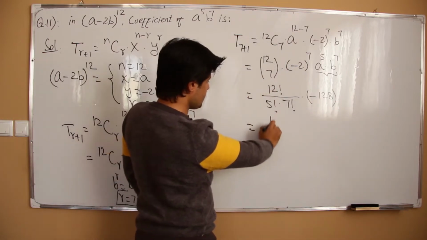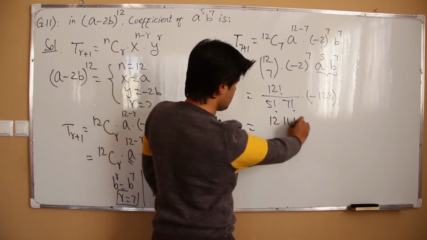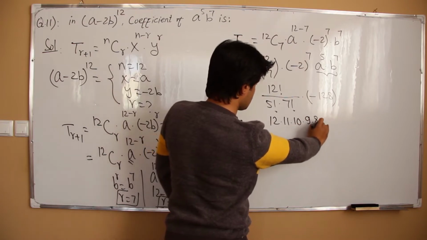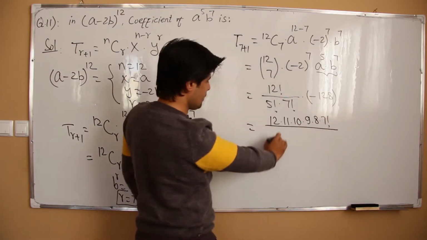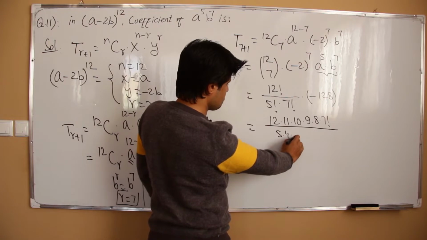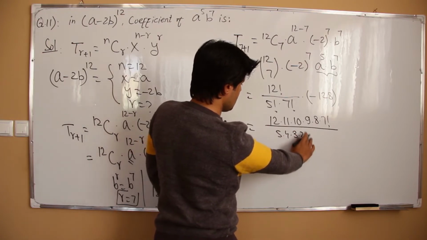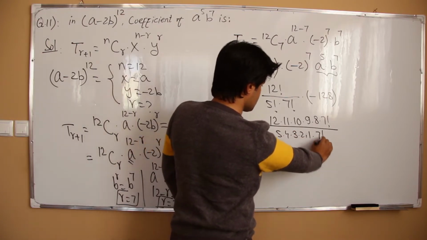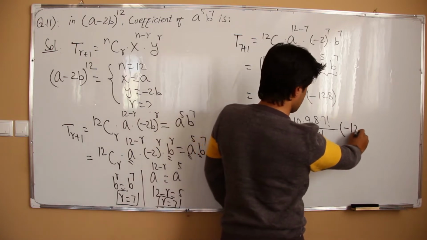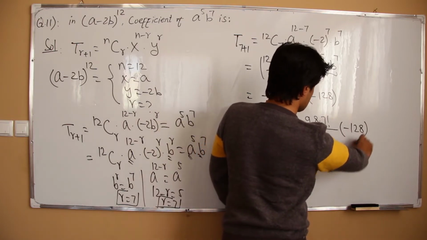You can simplify 12, 11, 10, 9, 8, 7 factorial by 5, 4, 3, 2 and 1 times 7 factorial times minus 1, 2, 8.